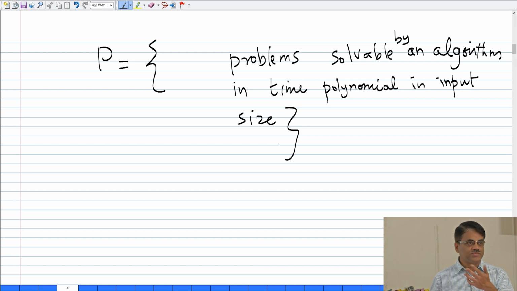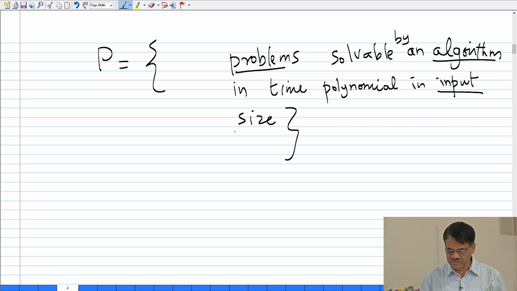Now, there are many terms here. If I have to define some formal notion, I have to say what is a problem, what is an algorithm, what is input size. This is theory. I am going to build some nice theory now. But do not worry, I am not going to do those formalisms now. It is enough more or less with whatever informal understanding we have.